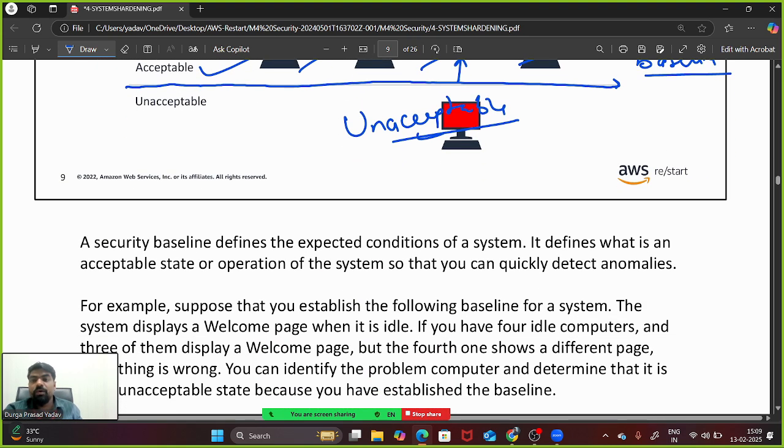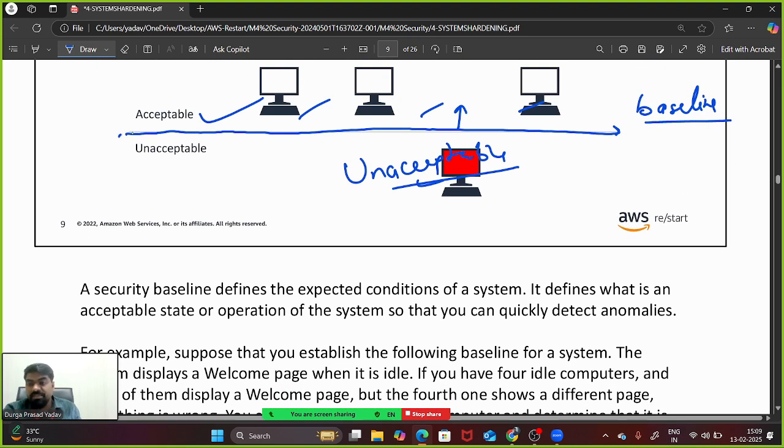And let's say you are purchasing a new laptop, and if you check the screen of the laptop and the screen is flickering, or there is a problem in the screen, it is below the baseline. It means that it is unacceptable.